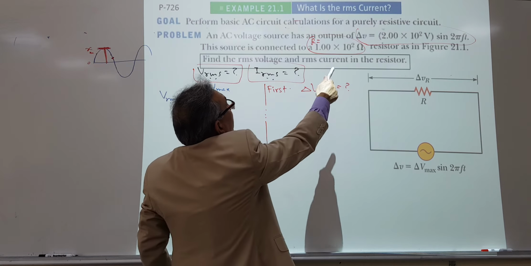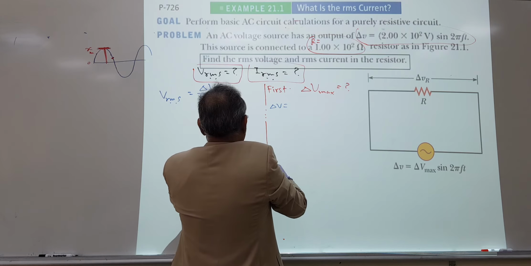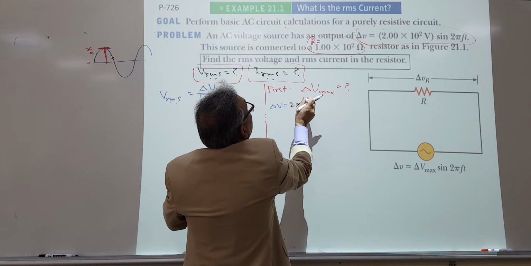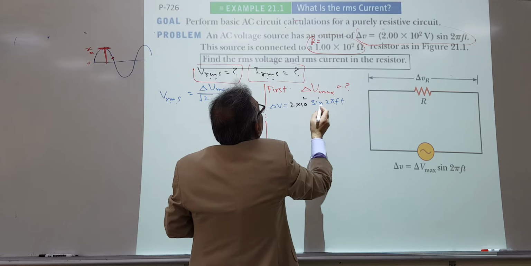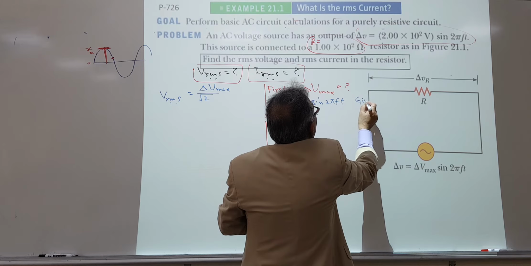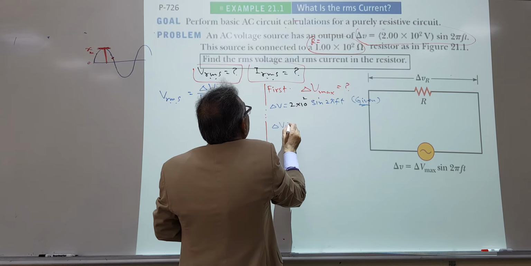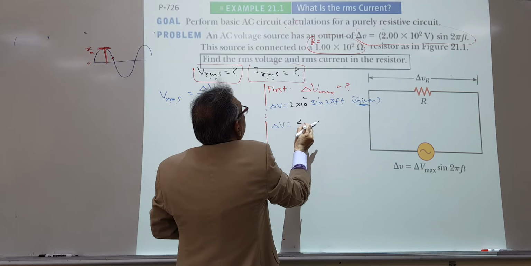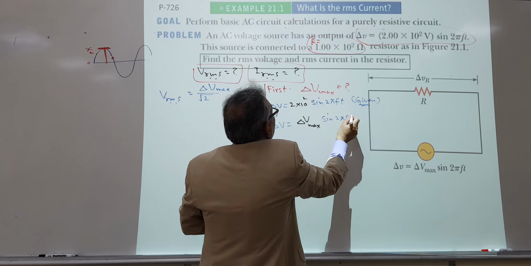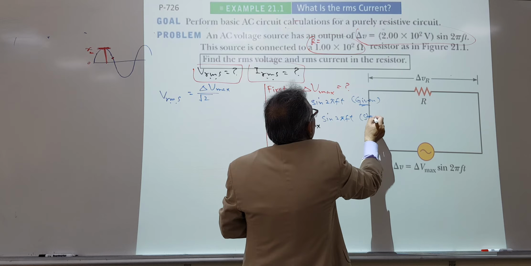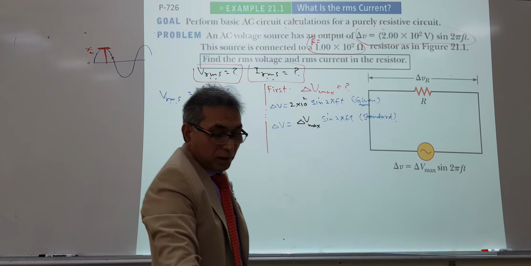Now you have this equation with sine 2 pi f t given to you, and we have delta V is equal to delta V max sine 2 pi f t, which is the standard function for the voltage.